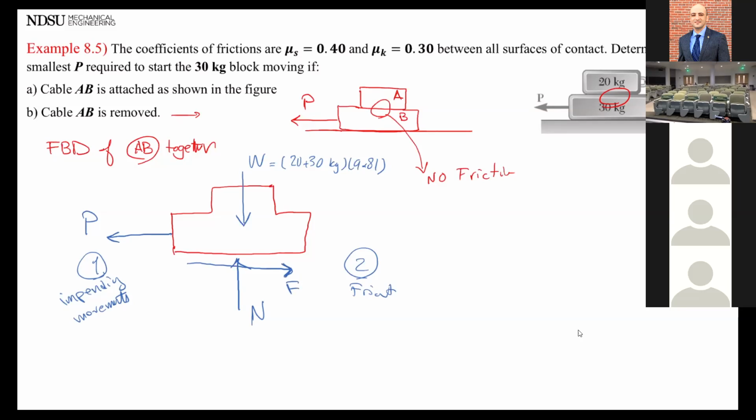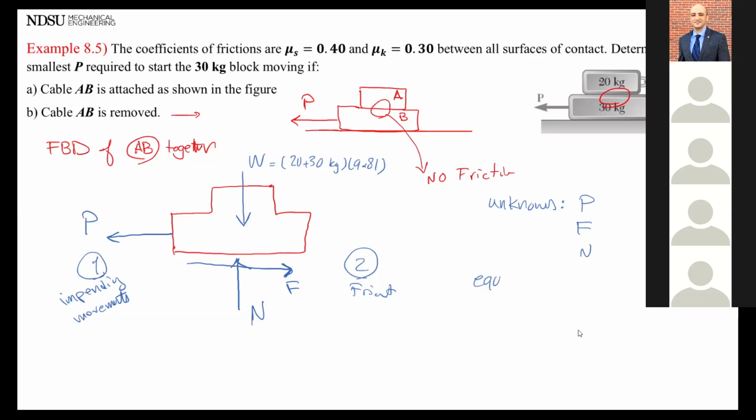So how many unknowns do I have here on this free body diagram? 3, right? I have P, I have friction, I have N. How many equations do I have?